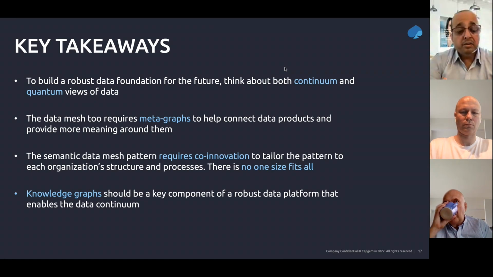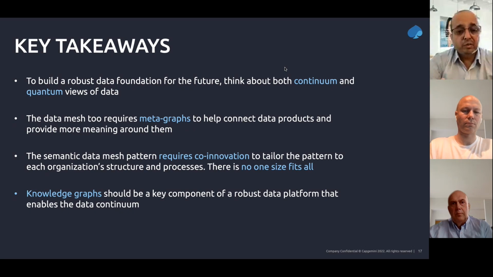In addition to the semantic, the graph layer in the graph continuum, you also need metagraphs, where graph technology helps in understanding how the different data products are connected to each other and provides meaning around them. And then, as I mentioned, the semantic data mesh pattern requires co-innovation because each organization is unique in terms of its structure and processes. So this is a problem that needs to be solved together.